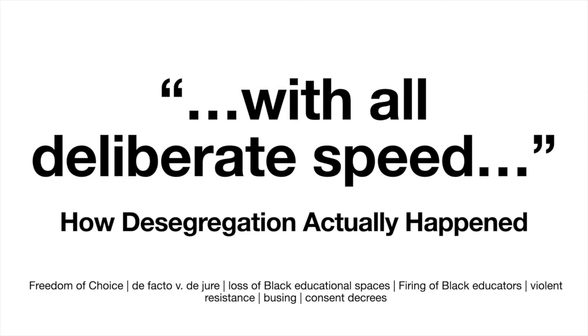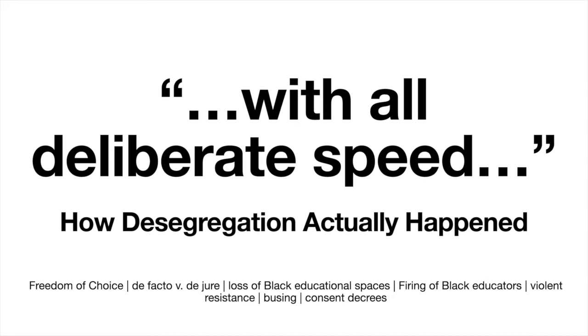And eventually we saw the court get involved through consent decrees, through the court coming in to school districts to say this is how you must desegregate. So desegregation did not magically happen in 1954. It was a long process that did not happen with all deliberate speed. It was a long, drawn-out process that took decades until the late 80s was the historical moment when U.S. schools were the least segregated.